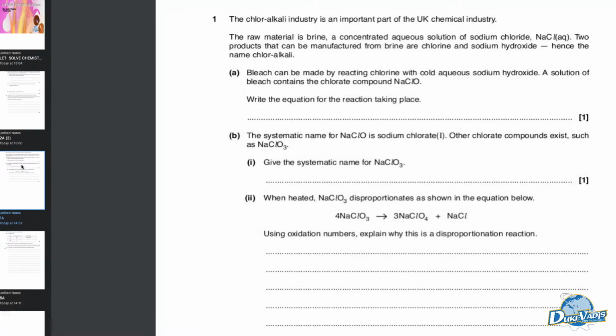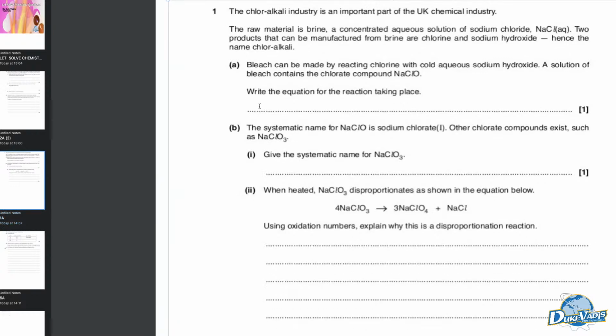First of all, we have our sodium hydroxide. So we say sodium hydroxide, plus chlorine gas.